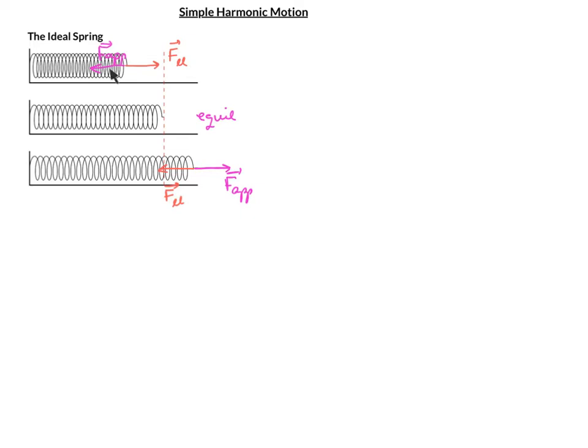It wants to oppose anything we do to the spring so that it will bring the spring to its equilibrium position. It wants to restore the original equilibrium position of the spring. So here we apply the force to the left, the spring will act to the right. Here we apply the force to the right, the spring will want to go to the left and restore the equilibrium position.